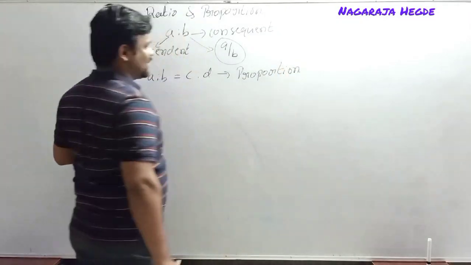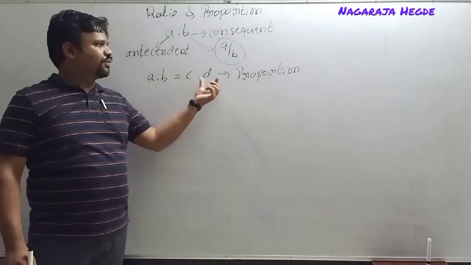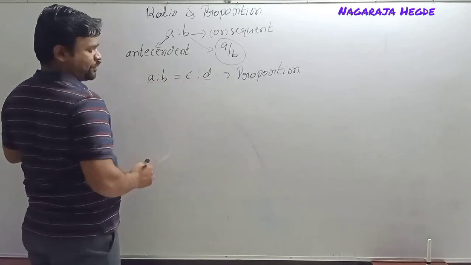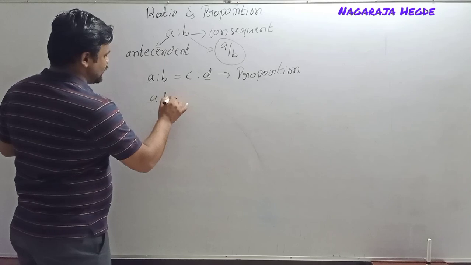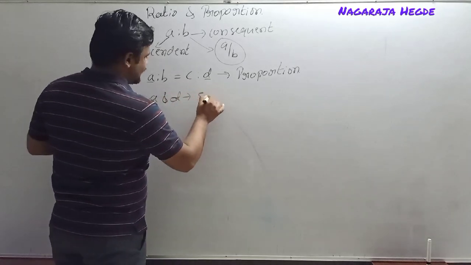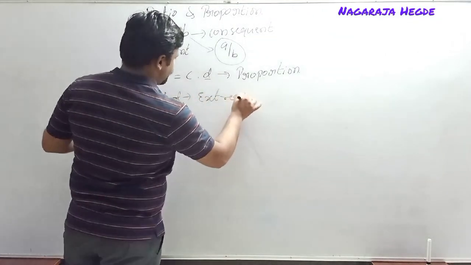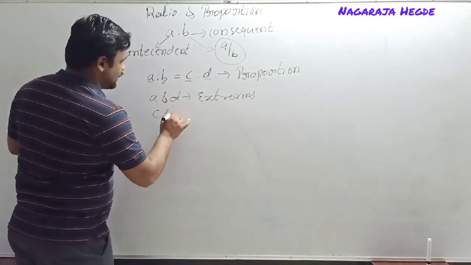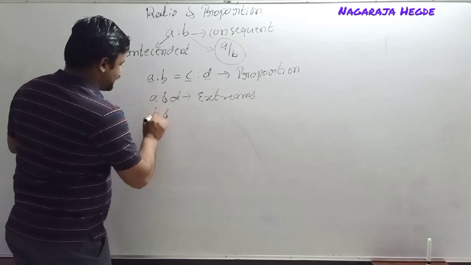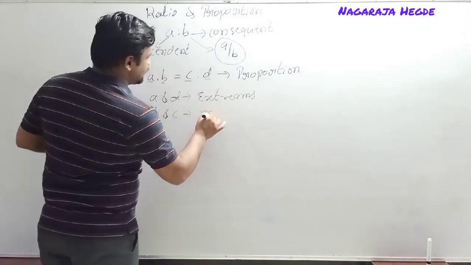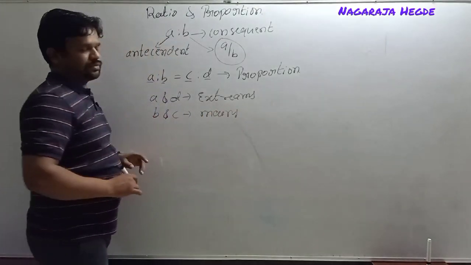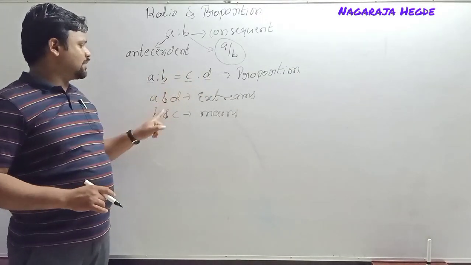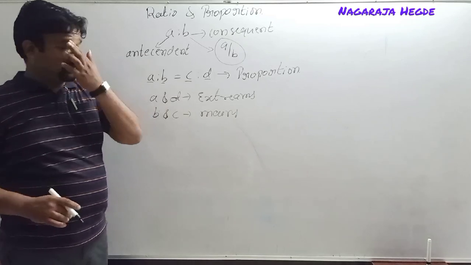In this, A and D are called the extremes, and B and C are called the means of the proportion.